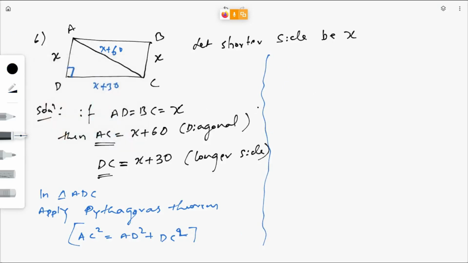AC square is equal to AD square plus DC square. Now substitute the values. What is AC? AC is x plus 60. X plus 60 whole square is equal to, what is your AD here? AD is x square plus DC. What is DC? X plus 30. X plus 30 whole square.